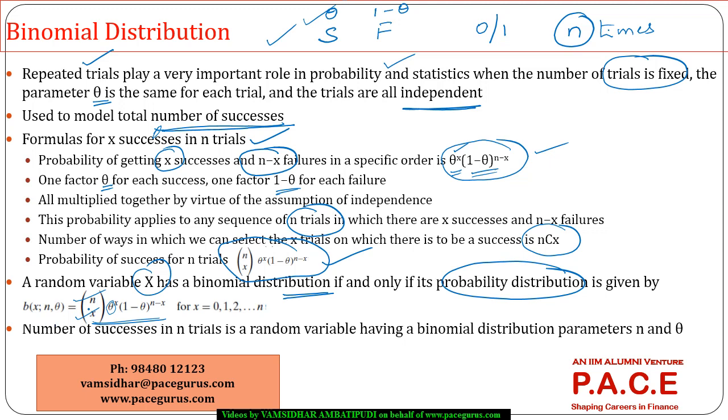The probability of getting x successes in n trials, if it follows a binomial distribution, comes with this particular formula. The number of successes in n trials is a random variable. It has a binomial distribution with the parameters n and theta. That is how we define a binomial distribution.